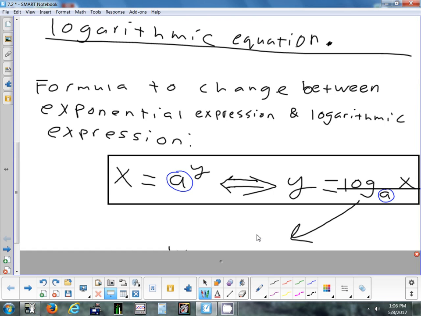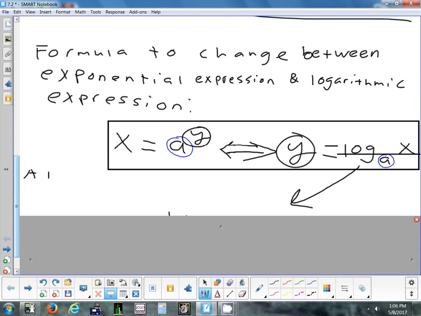It goes by itself on this side. So this goes right there. And the way you can remember that is a logarithm always equals the exponent. A logarithm is an exponent.